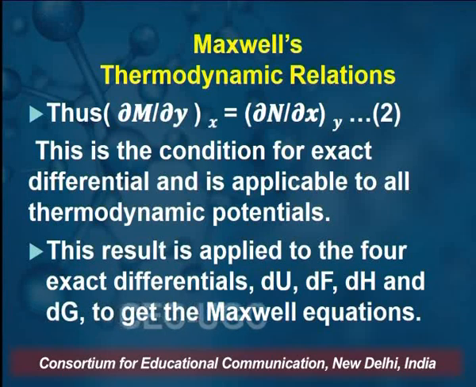This is the condition for exact differential and is applicable to all the thermodynamic potentials, be it U or F or H or G. So this result is applied to the four exact differentials dU, dF, dH and dG to get the Maxwell's equations. dU is going to give me one Maxwell's equation, dF the second, dH the third and dG the fourth.